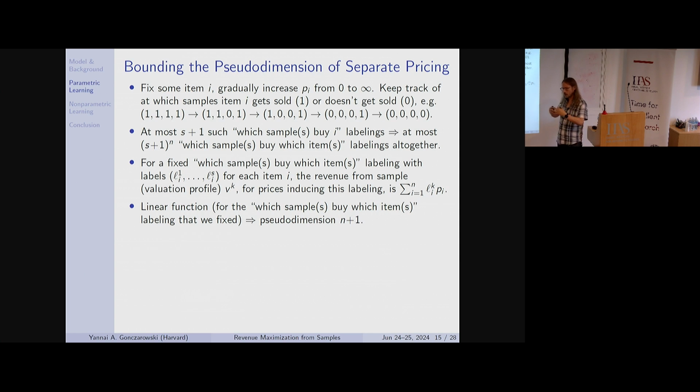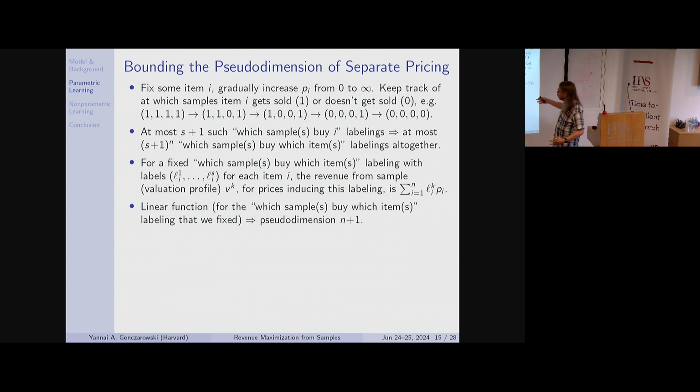The prices are the coefficients of this linear function in these labelings that we have fixed for each of the valuations separately. If one valuation buys items 1 and 3, the revenue is p1 plus p3. Another label, where the buyer buys items 4 and 6, gives p4 plus p6. So it's a linear function of these L's, which each valuation has, and these prices, which each auction has.